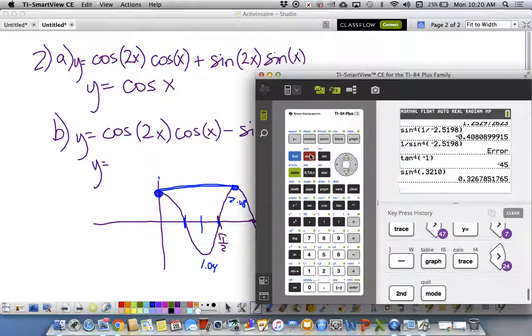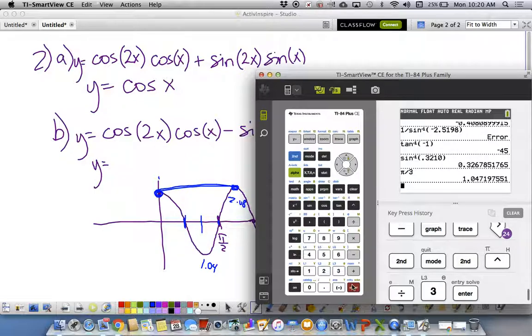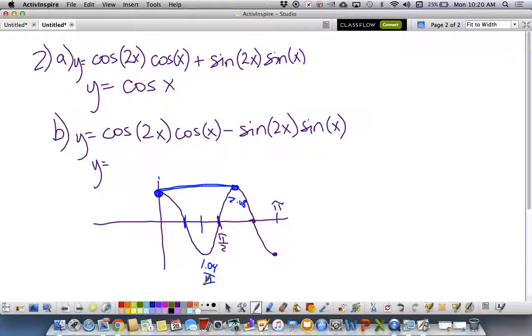So if I quit, no, it's not done. I'm going to start calculating. Somebody had an idea that it was pi divided by, not 2, 3. Could it be 3? Pi over 3 was 1.04. So if that's my halfway point, pi over 3, what's double that? 2 pi over 3.